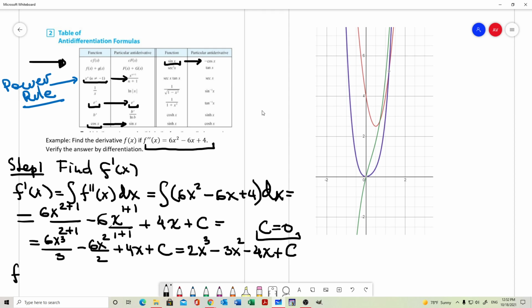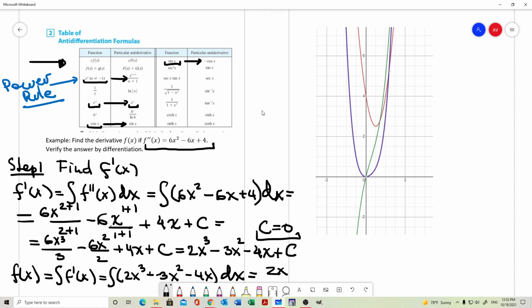And then the original function f of x will be the antiderivative of f prime of x, or antiderivative of 2x cubed minus 3x squared plus 4x dx, which will give us 2x to the fourth power.